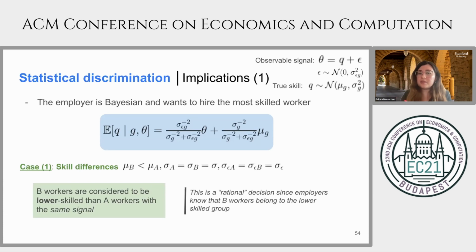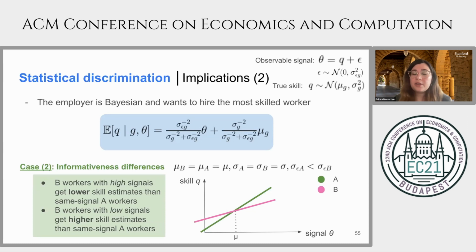So from this employer's view and from an efficiency perspective, this makes sense. But from a fairness perspective, things become a little more tricky, right? We may easily guess that two workers that had the same true skill q but belong to different groups will not have the same opportunities to be hired in expectation, which doesn't really sound fair. So we can discuss this in the end.